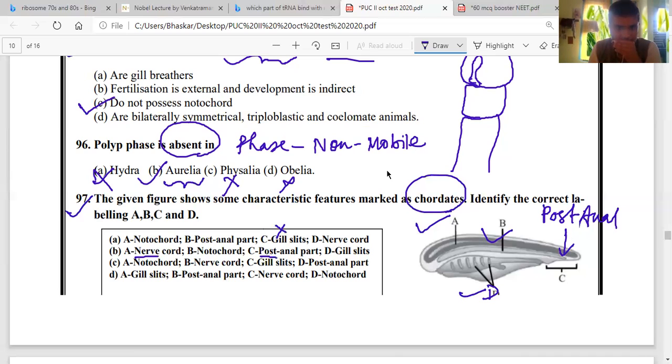That is not matching in any case. So you can choose your answer by elimination, and D is the gill slit. So definitely other options are not matching. So definitely B option is correct. A is the dorsal hollow nerve cord, then notochord, post anal tail, and then the gill slits. Next.